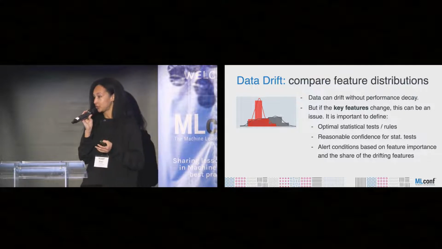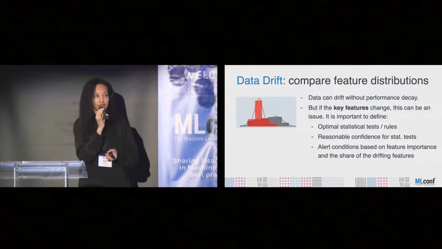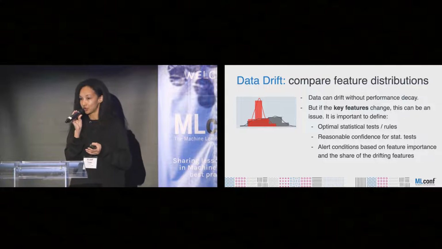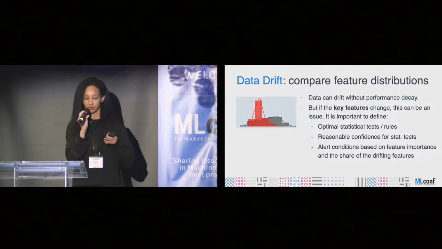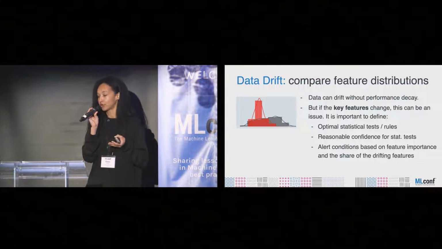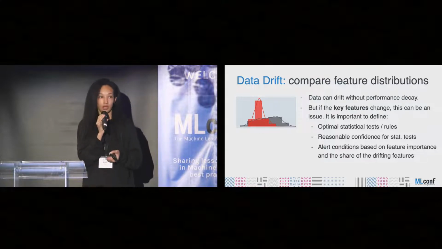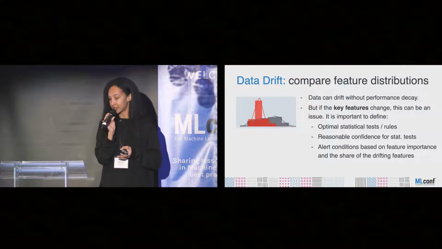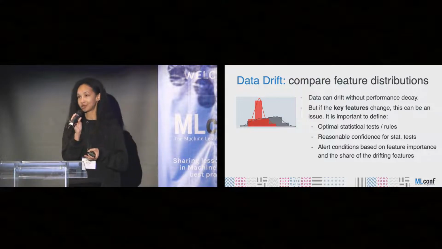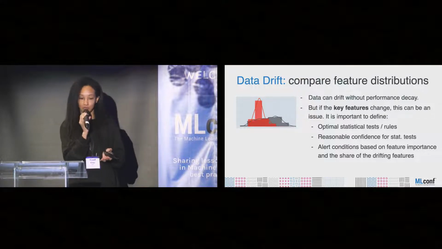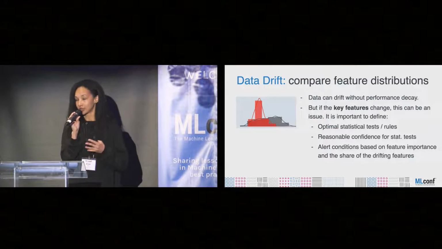The second thing is a bit more interesting, I believe. It's data drift. This is the change of distributions of the input features or output of the model. Sometimes when there are changes in such distributions, it's not a problem because, for example, we can have some trends, for example, linear trends.